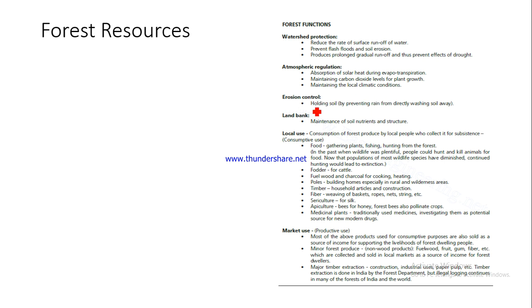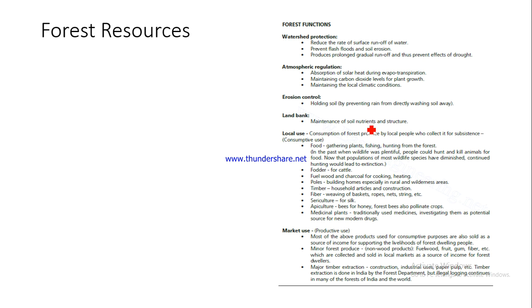As I said, they are also able to control the soil erosion. This is something that we already discussed, and because of this they are also able to maintain the soil nutrients. Many a time what happens is, when the trees shed their leaves annually, somewhere near the autumn, these leaves fall on the ground.